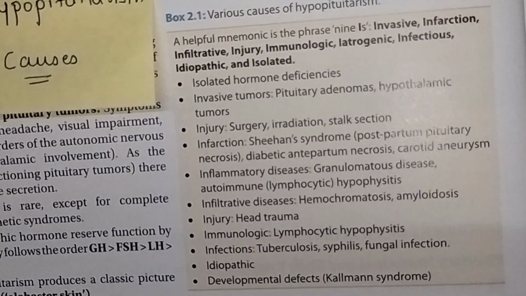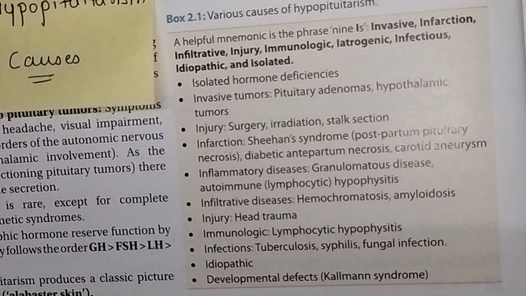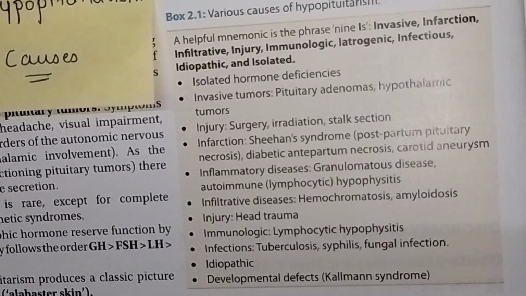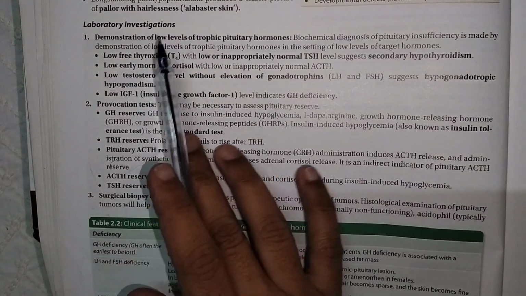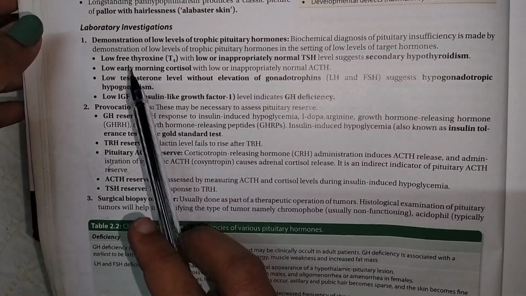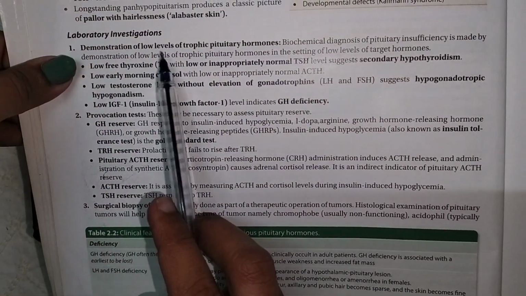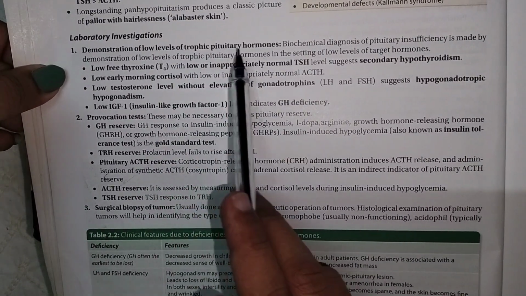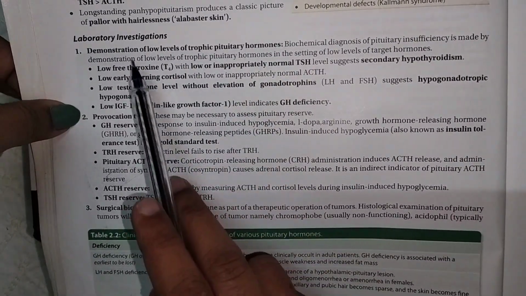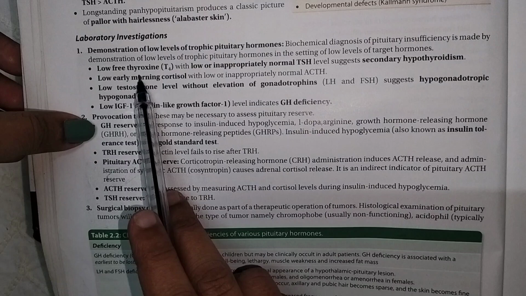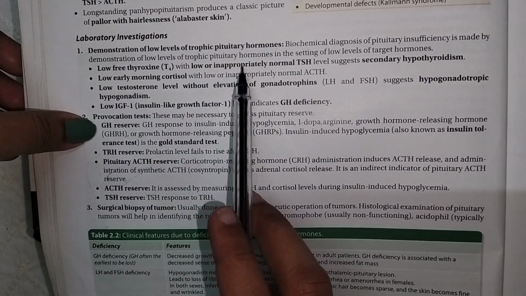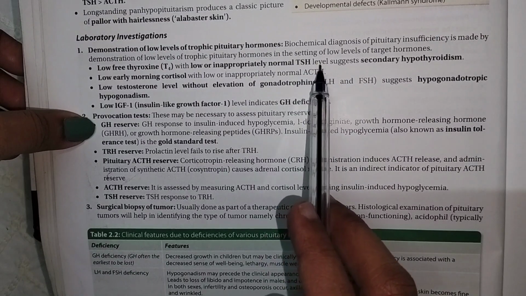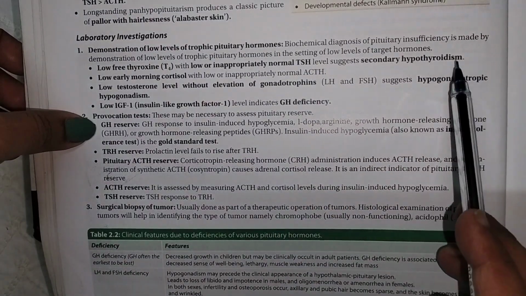About all these syndromes we will be learning in our further videos. Now laboratory investigations. Demonstration of low levels of tropic pituitary hormones. Low free thyroxine, that is T4, with low or inappropriately normal TSH levels suggests secondary hypothyroidism.